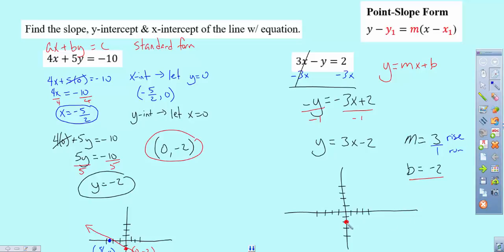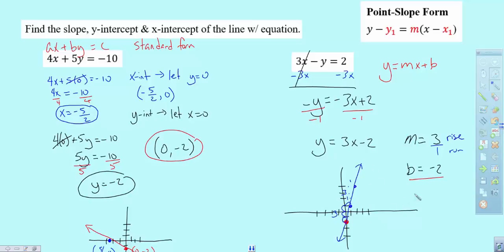From that point on my y-intercept, I rise 1, 2, 3, I run 1. I can do it again: rise 1, 2, 3, run 1. Remember, it's rise over run. Once again, I have enough information now to be able to draw the line.